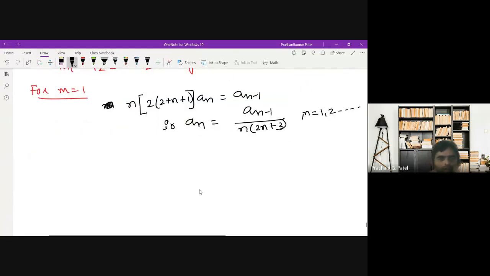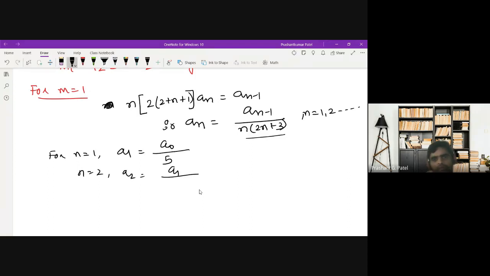So we can now write down for n equal to 1, what is a1, which is a0 upon 5, because if you substitute here n equal to 1, 2 plus 3 is 5. For n equal to 2, a2 is a1 upon 2 into 7, that is a0 upon 2 into 5 into 7.